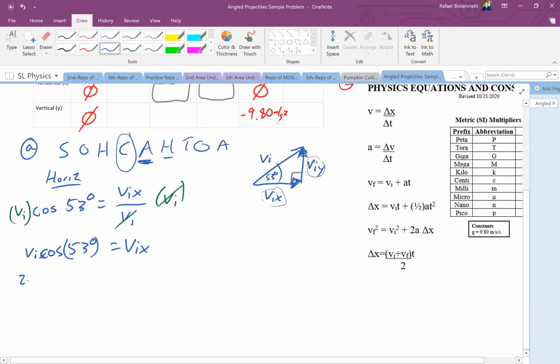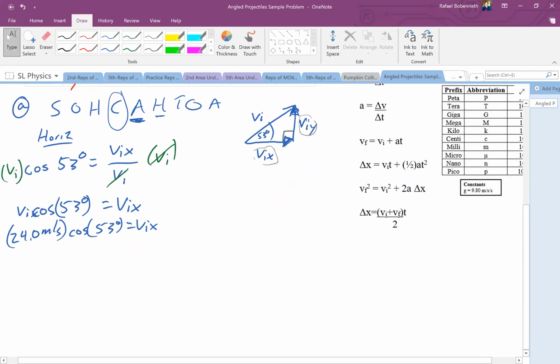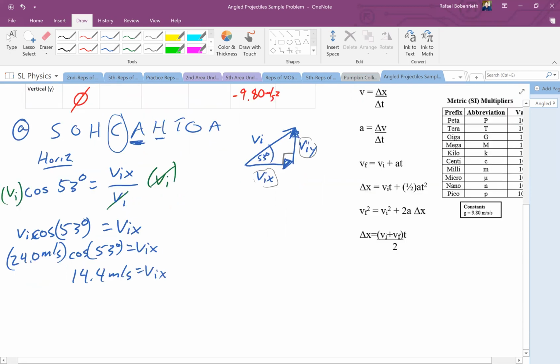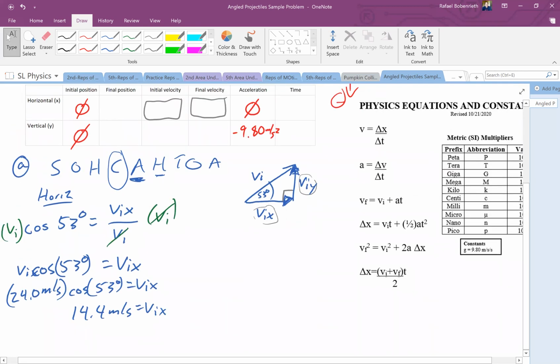If I put in 24.0 meters per second times cosine of 53 degrees, and punch that in your calculator, you get a value of about 14.4 meters per second. So I'm going to go back up and put that in for my initial velocity. And I also know that's my final velocity too. So that's my horizontal velocity for the entire problem, 14.4.